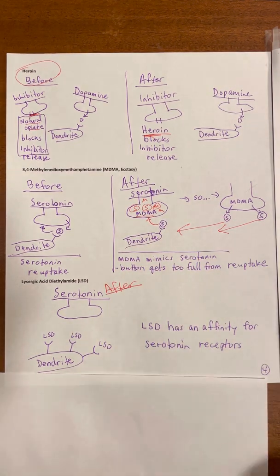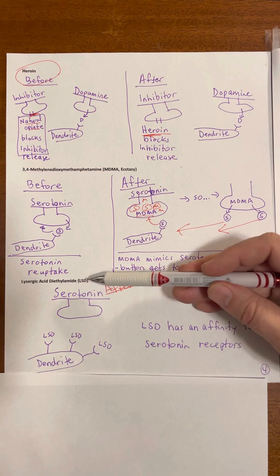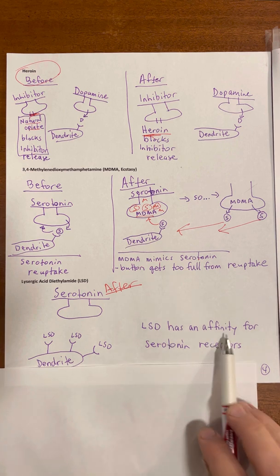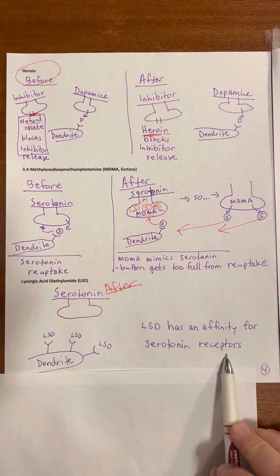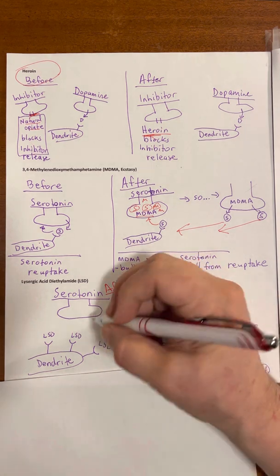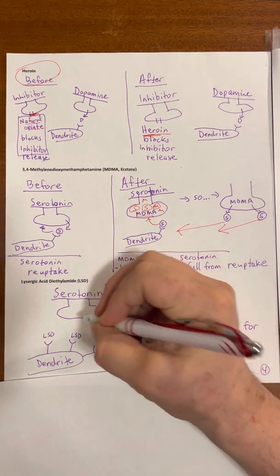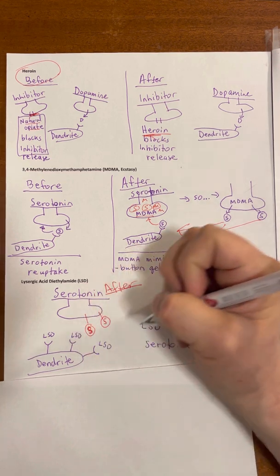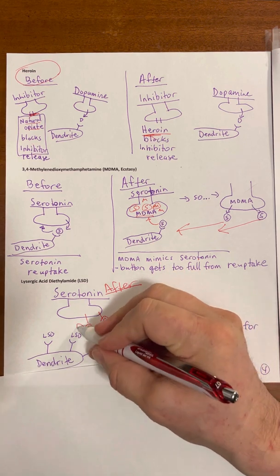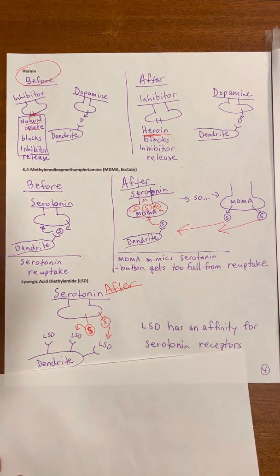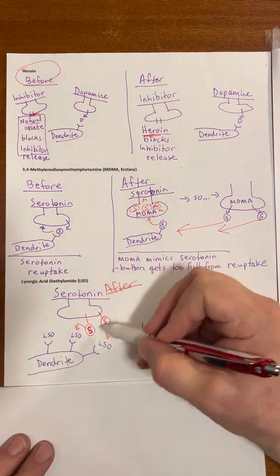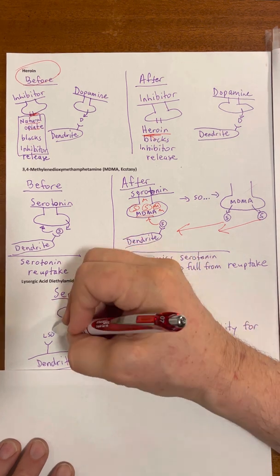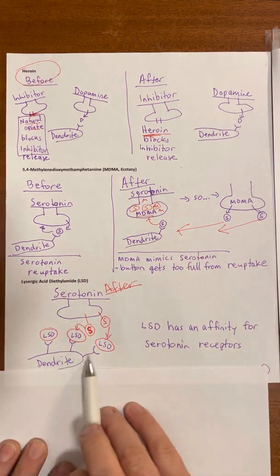But what we're saying here is that when someone ingests LSD, the LSD gets into a synaptic cleft and it has an affinity for serotonin receptors. So what you've got is this serotonin that's supposed to be getting into a synaptic cleft, and it's supposed to come over and stimulate these receptors. It's not, though, and the reason why the serotonin isn't going to stimulate those receptors is because this LSD that someone ingested got to the receptors first.